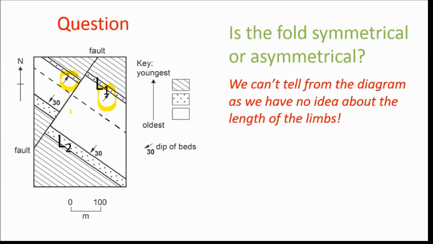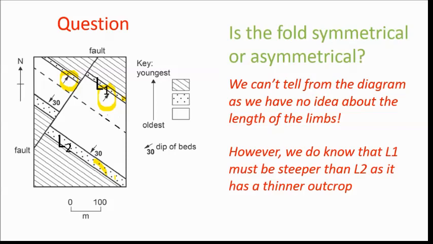We can't ascertain that from this diagram. However, what we can say is that to the north, L1 is a much steeper bed than L2. That's because the outcrop, as you can see here, is much thinner than down here. So L1's bed would be much steeper than L2.